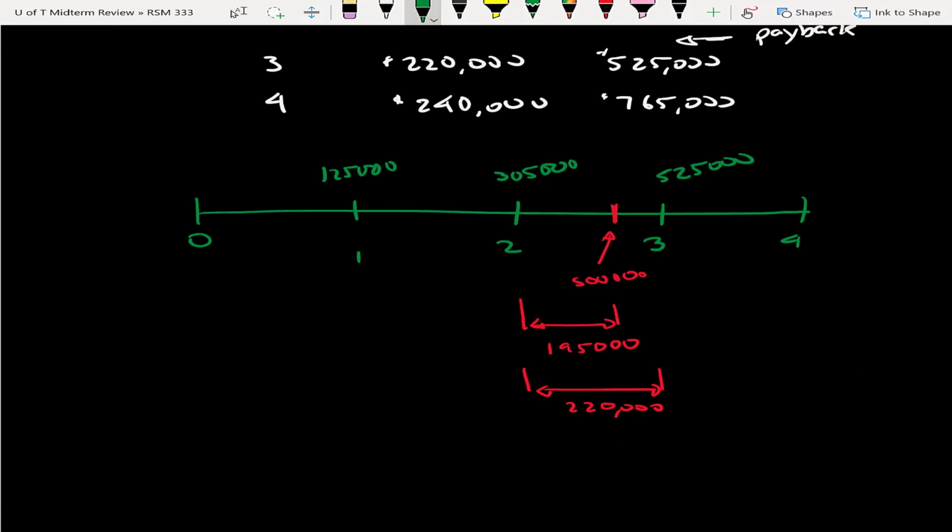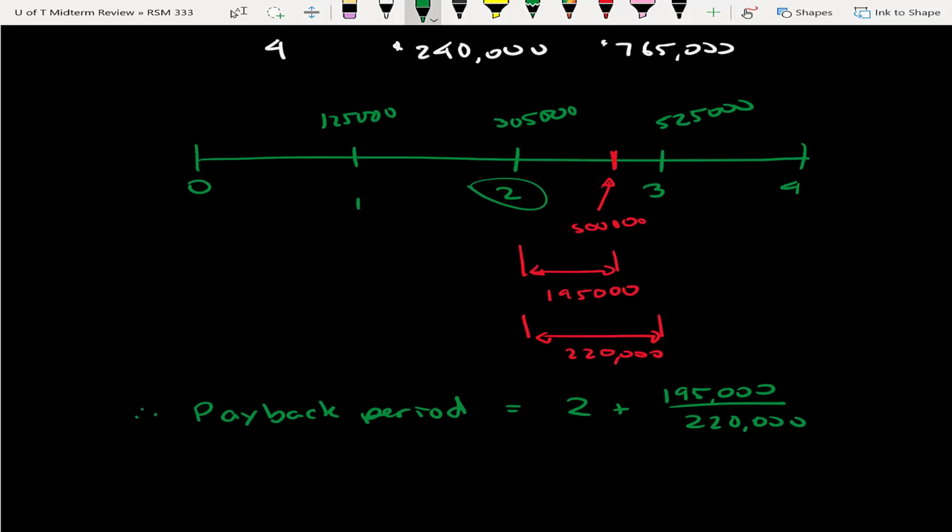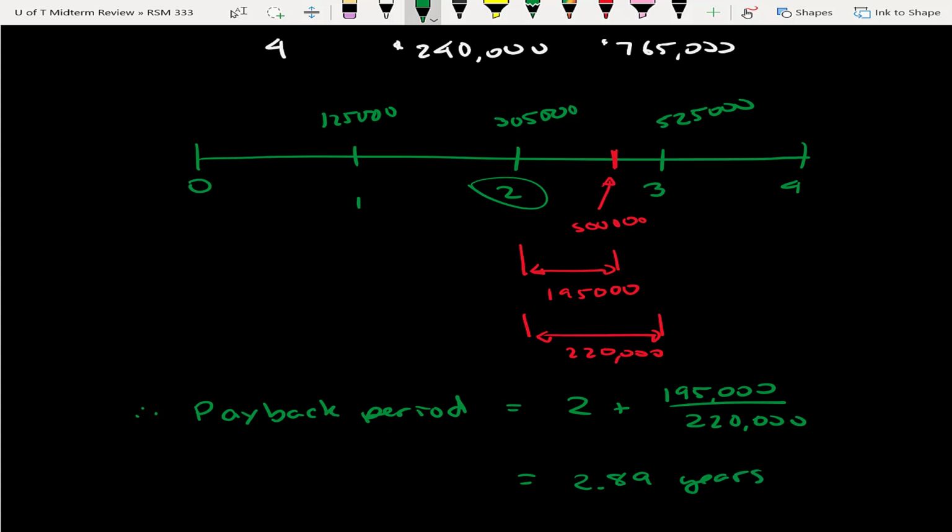So I can conclude that the payback period is going to be 2 years for sure, because it's definitely after two, plus it's going to be a portion of the third year. And the portion is going to be this fraction, 195 over 220. And that works out to 2.89 years. So it takes 2.89 years to recover the investment.